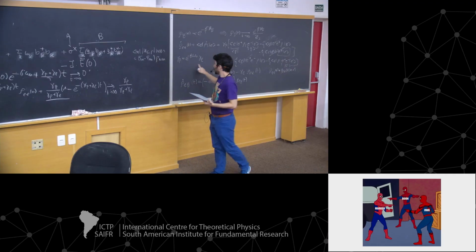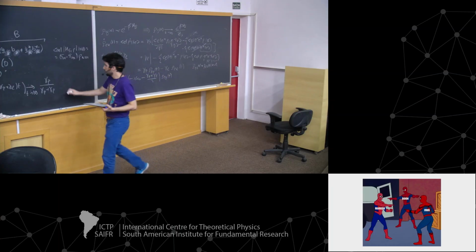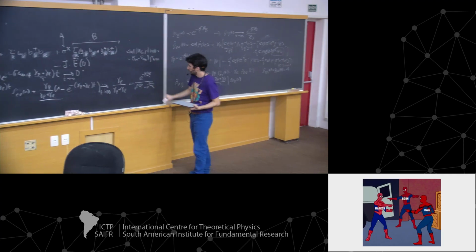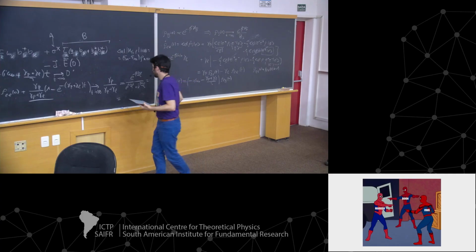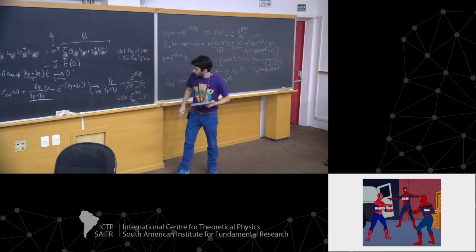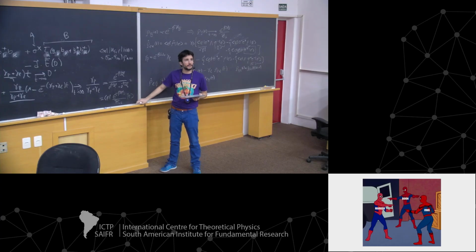So if you use this relation, you can write this. Like this. And this is nothing but the population of a thermal state.